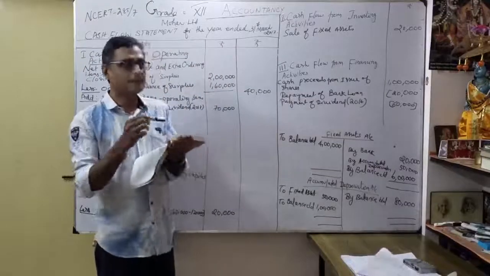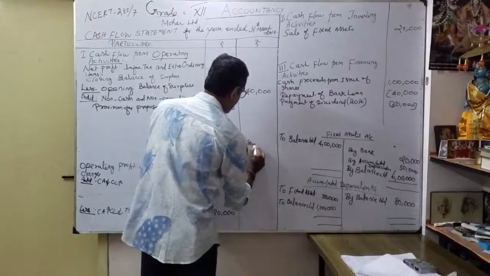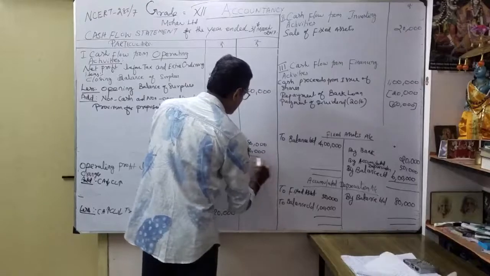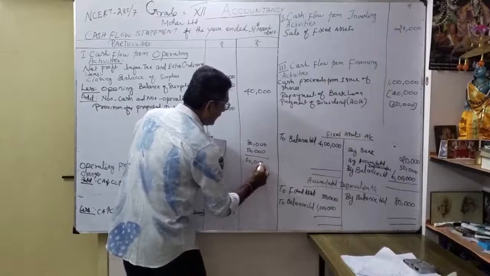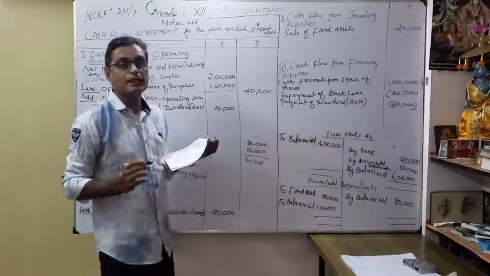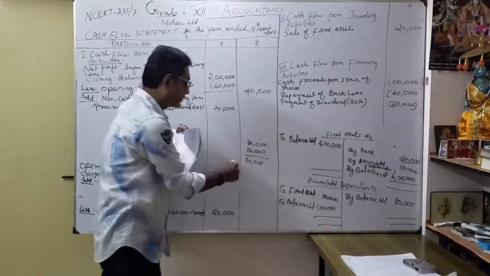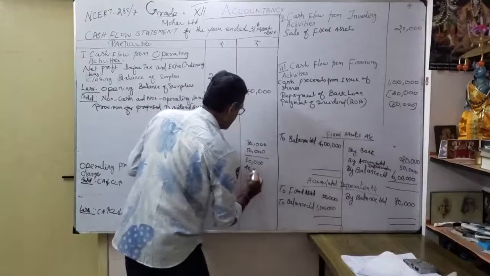Then see 80,000 worth of asset. So depreciation after 50,000. Just I am showing here. So cost is how much? 80. Okay. What is my depreciation? 50,000. So what is the 30,000? At the time of sale of fixed assets, what is my asset value? 30,000. How much I sold? 20,000.